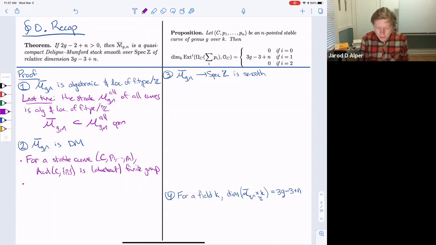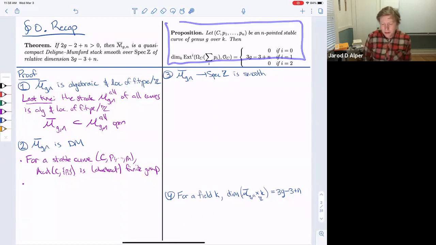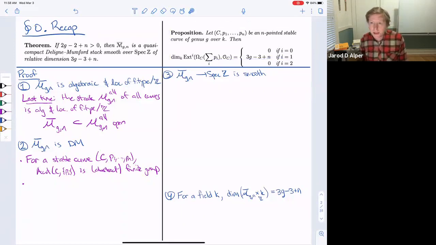And so for each of the next properties, 2, 3, and 4, we're going to use this proposition in the top right, which took some work to show, but we did compute the dimensions of these Ext groups, and they control automorphisms, deformations, and obstructions.